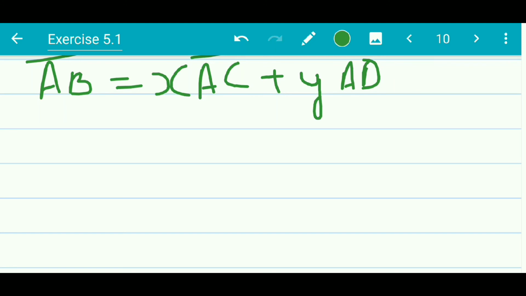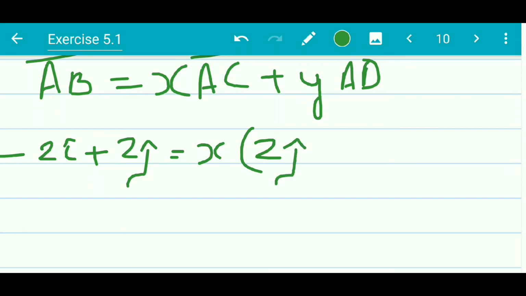So first of all, we write AB in terms of x AC plus y AD. So AB, which we have found as minus 2i plus 2j, is equal to x into AC, which was just 2j, plus y into AD, that is i minus 2j plus 3k.